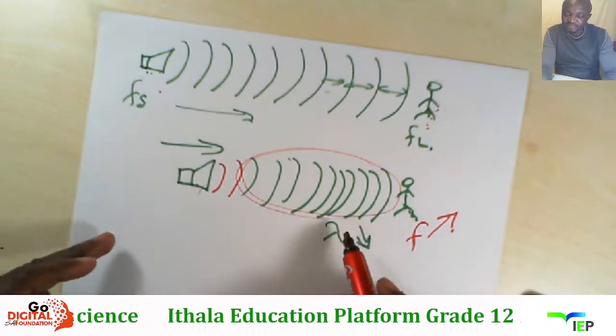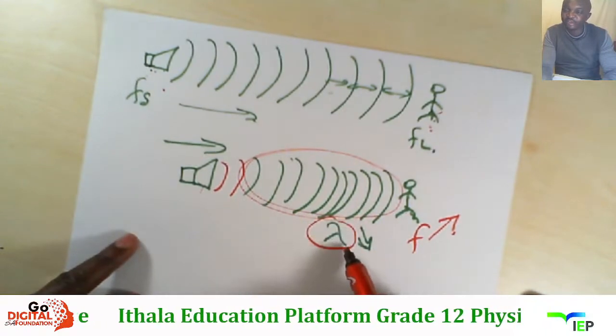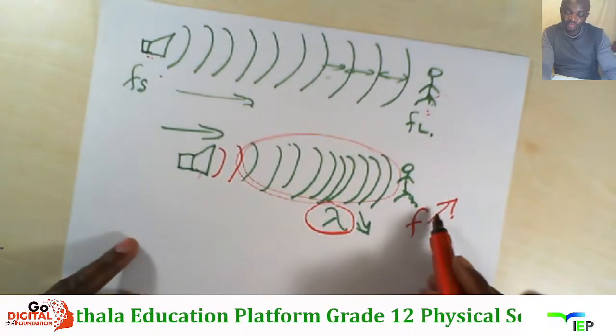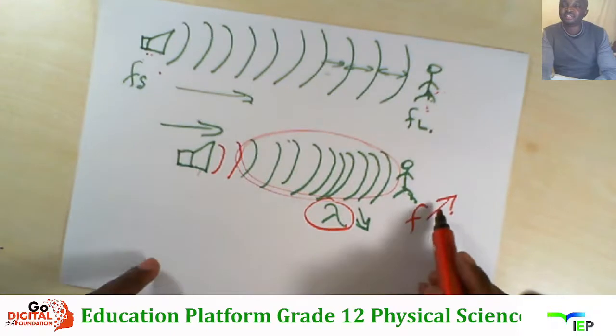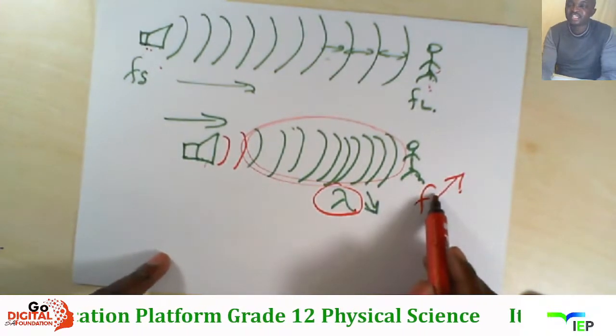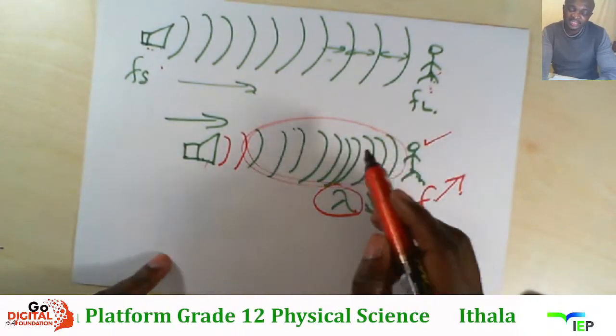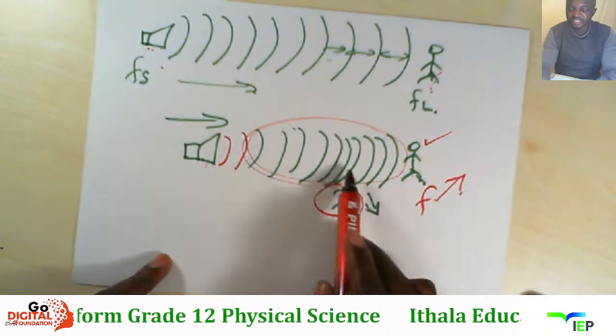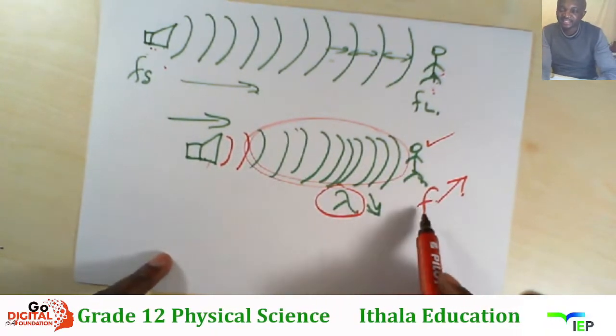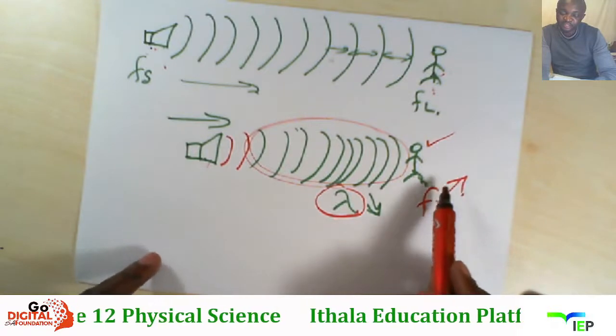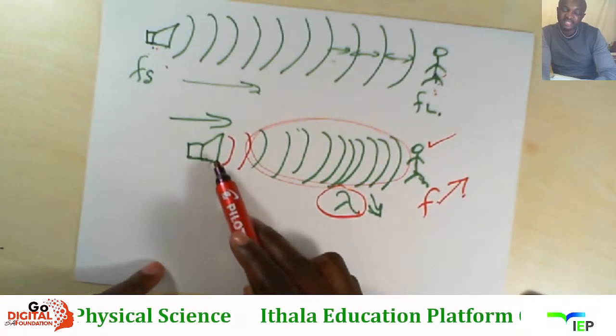To compress means to decrease the wavelength, and decreasing the wavelength increases the frequency. That is the apparent change. The listener will notice that the frequency of the sound has changed, it increases. So he gets a higher frequency than the frequency of the sound.